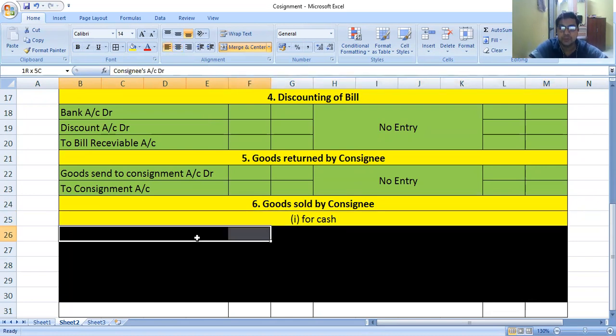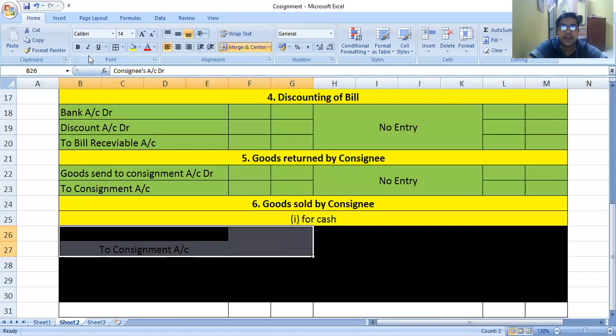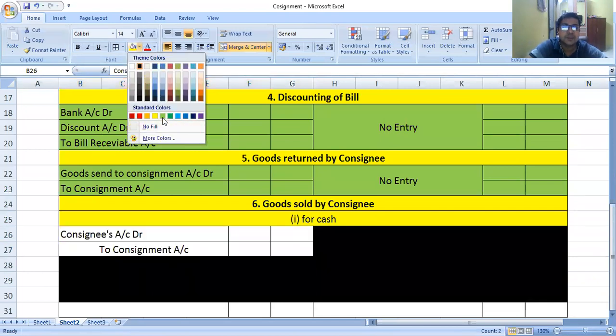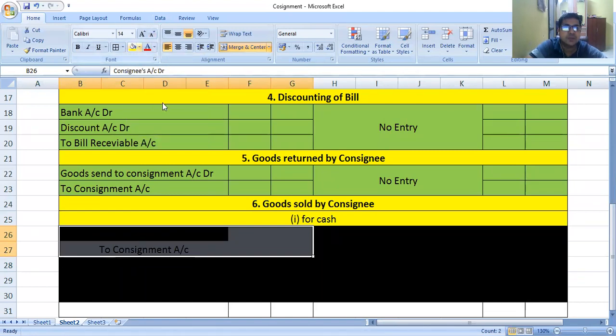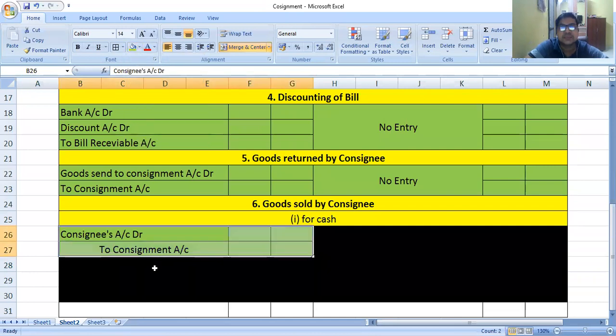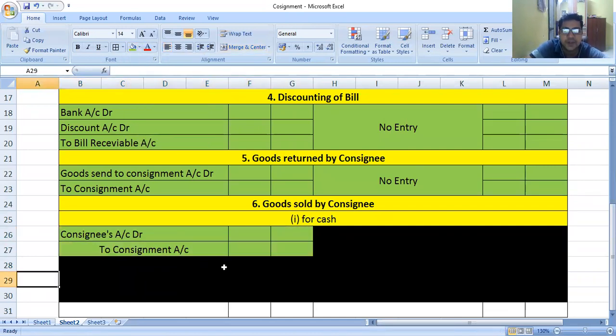In the books of consignor, the entry will be consignee's account debit to consignment account, whenever the goods are sold by consignee for cash.